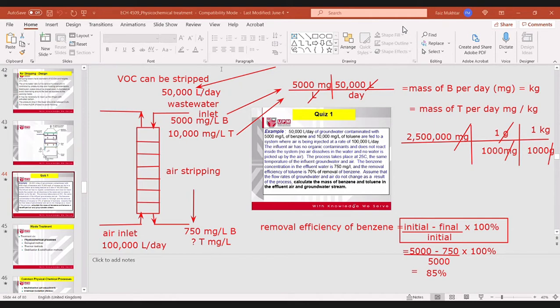The question already tells you that the removal efficiency of toluene is 70% of benzene. That is pretty much straightforward. It's just 0.7, which means 70%. Multiply with 85%, and you will get the actual removal efficiency of toluene.